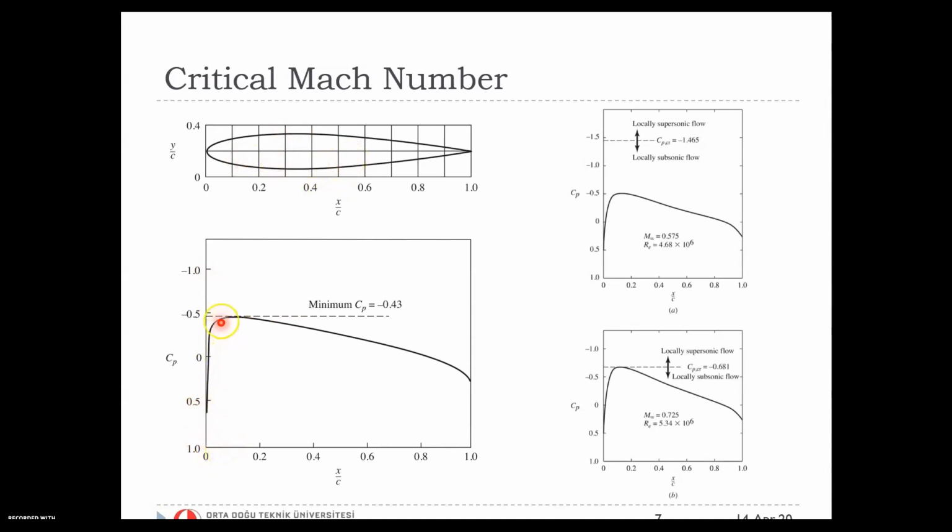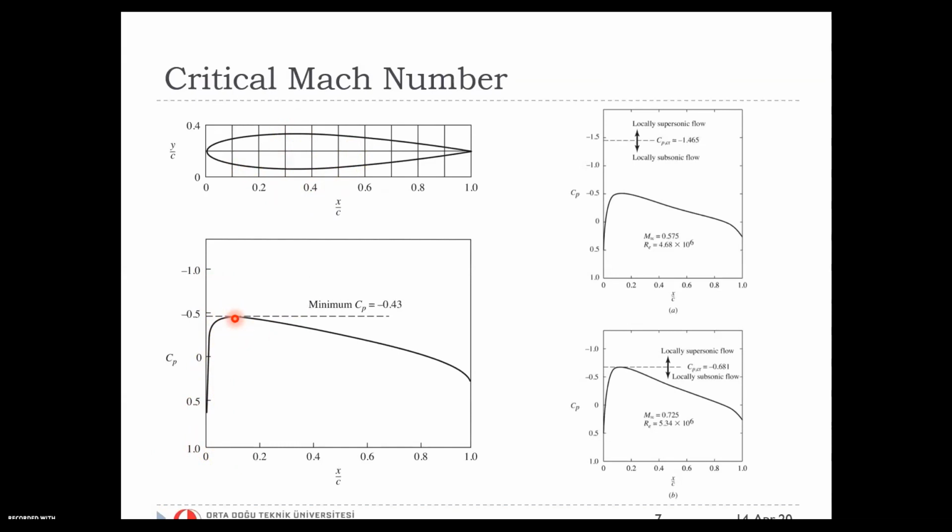However, the minimum pressure location is about 11% of the airfoil. So you may intuitively think that the minimum pressure occurs where the maximum thickness is, but it doesn't actually work that way. You need to consider the complete flow field around the airfoil. You cannot just locally assess the situation.